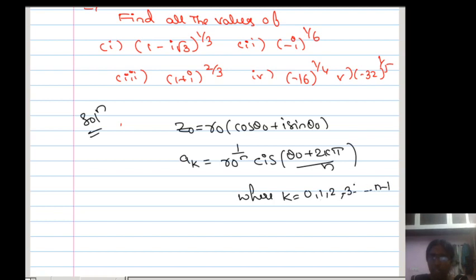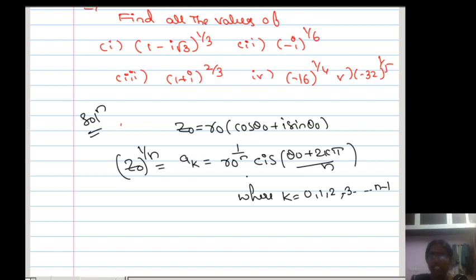So a naught, a1, a2 up to a_(n minus 1): a total of n values exist for the nth root. The nth root of the complex number z naught, that is z naught power 1 by n, is equal to a_k.